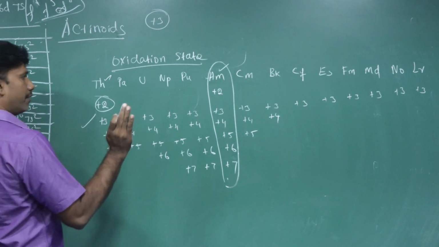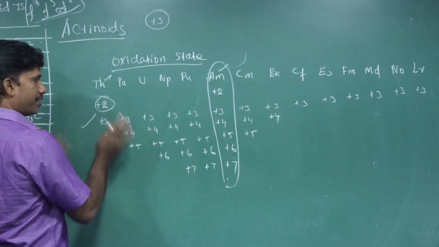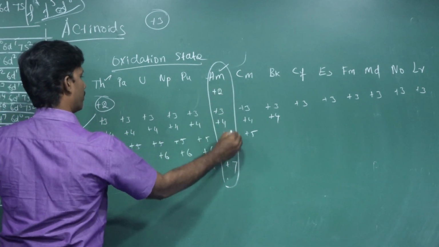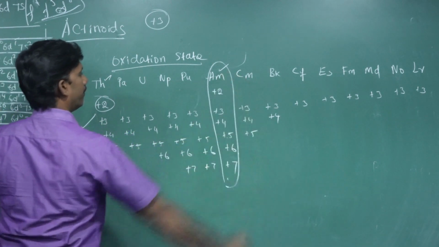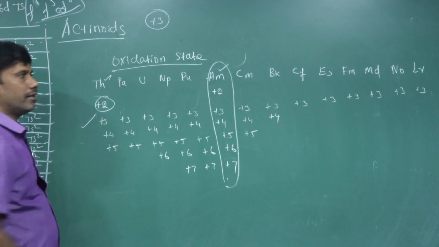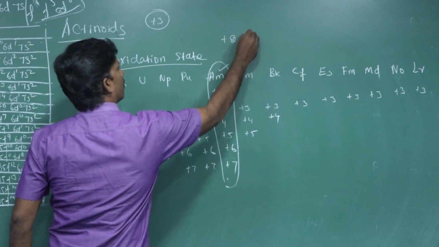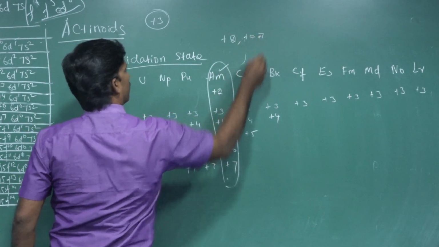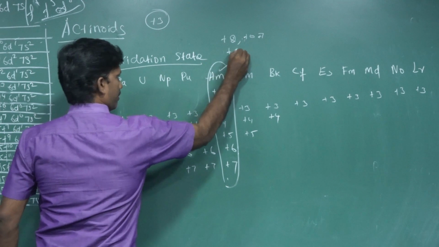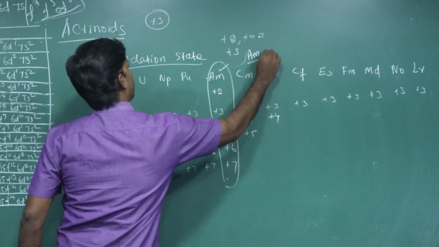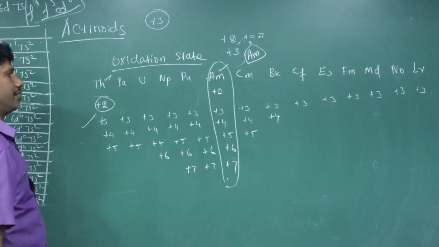All the oxidation states +2, +3, +4, +5, +6, +7 are shown by americium. So totally oxidation states +2 to +7, and among them +3 is most common. Americium shows the widest variety of oxidation states.